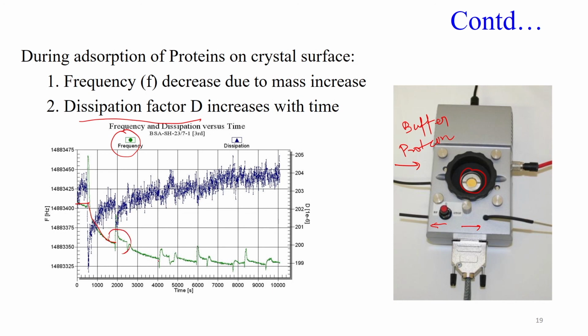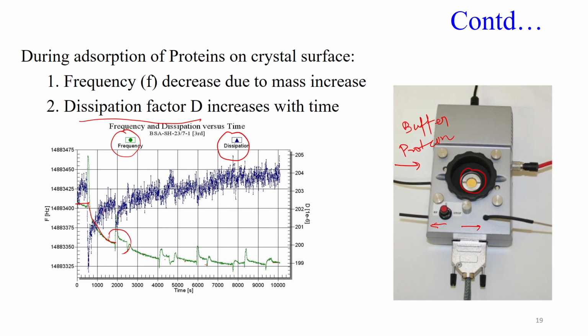Then we are doing washing here, then again we are passing the next higher concentration of the protein. So, there is an increase in the adsorbed mass, and finally it has reached the plateau, whatever you pass, the surface is totally saturated. Corresponding to the decrease in the delta f, or frequency, there is an increase in the D value, dissipation.